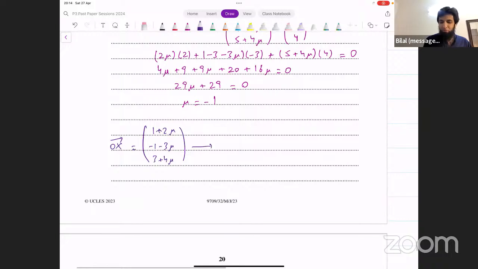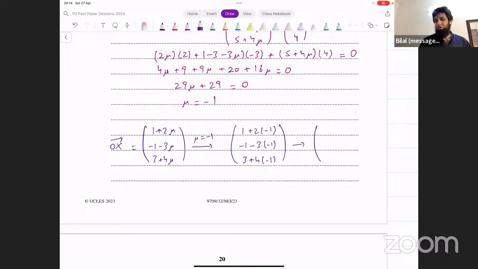Put that value of mu here, mu equals minus 1, and that gives you 1 plus 2 into minus 1, minus 1 minus 3 into minus 1, 3 plus 4 into minus 1, and that simplifies to minus 1, 2, and minus 1. That's the vector OX that we were looking for. It's minus 1, 2, and minus 1.